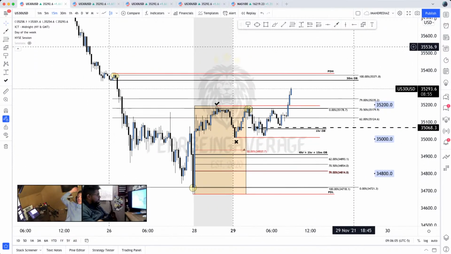Haven't had one of these days where US30 just keeps moving, taking off a little bit. When it's making new highs and it's trending crazy, it's better just to leave it.